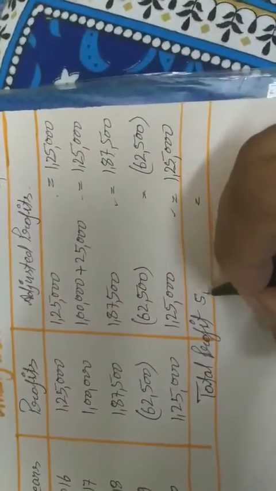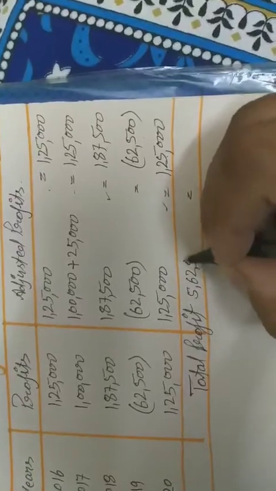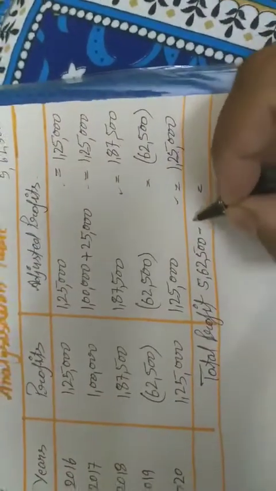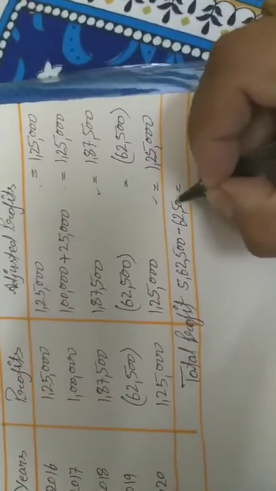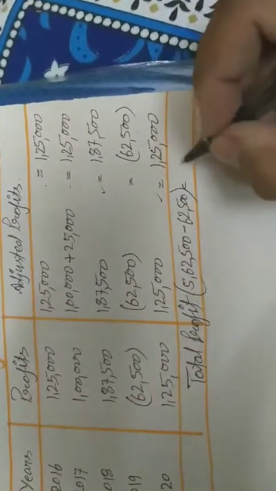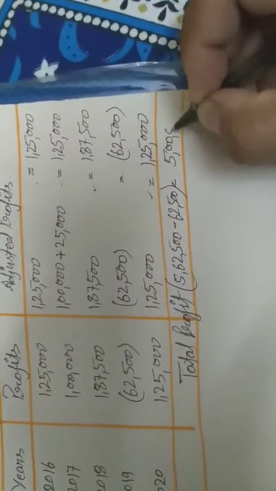So I am writing here 5,62,500 minus 62,500. So the final amount will equal 5 lakh. It is clear. This is the total profit or sum of the profits of last 5 years.